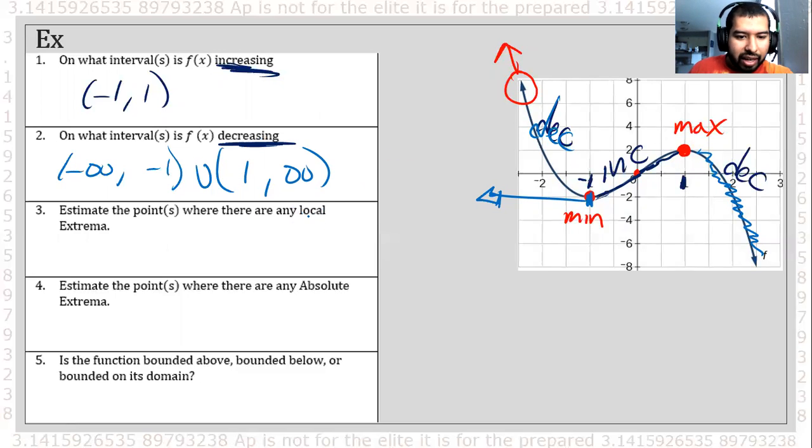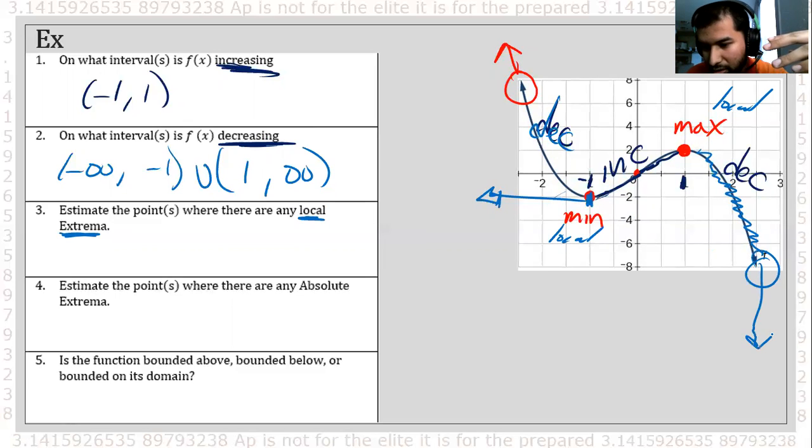All right, are there any local extrema? Well, that just means a max or a min that are not absolute. So this right here is local, and this right here is local, because they are not the highest point and they're not the lowest point, because this arrow right here means the function's still going down, and this arrow right here means the function's still going up.